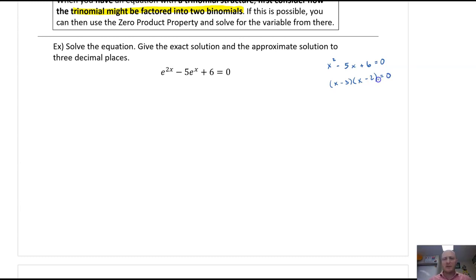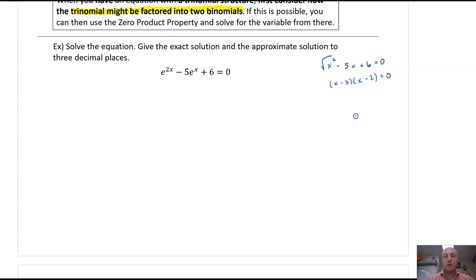I think, okay, what factors of positive 6 give me a negative 5, and that is negative 3, negative 2. And then I take the square root of my first term to give me my first term in my binomials, which is x, which also matches the linear term in my trinomial, right? So you can think of that this way.